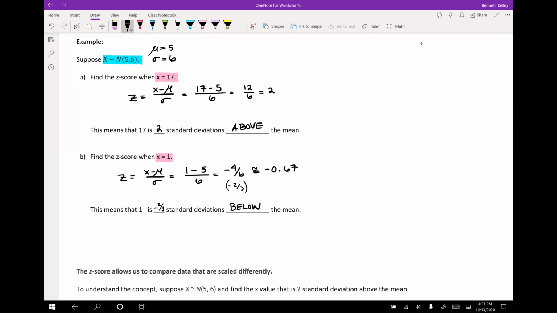Right, so you just use this formula to convert your normal to a standard normal, right? So if X follows a normal distribution with mu and sigma, then Z follows a standard normal with 0 and 1, where z equals x minus mu over sigma.